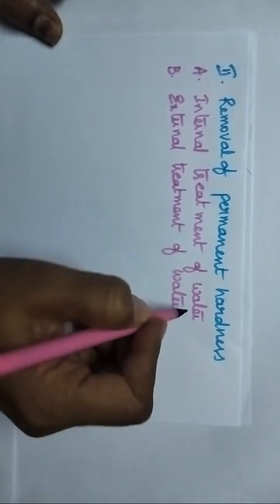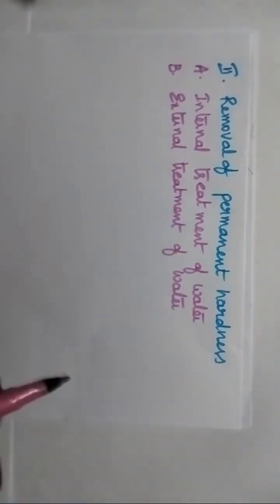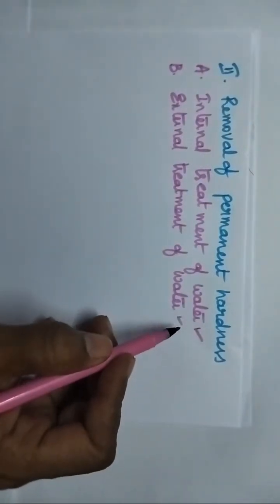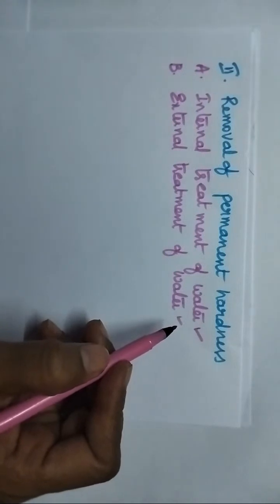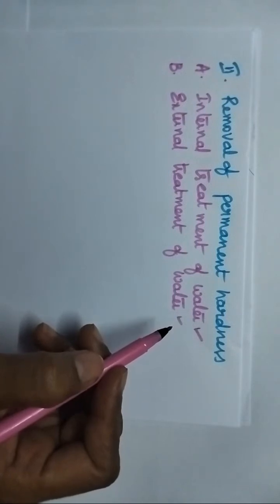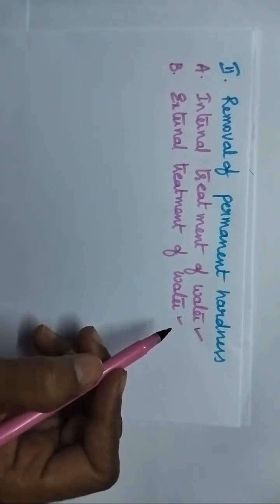So, for the removal of permanent hardness, we can either follow internal treatment of water, we can also follow external treatment of water. So, especially coming to the internal treatment of water, we are having different methods for the removal of permanent hardness.